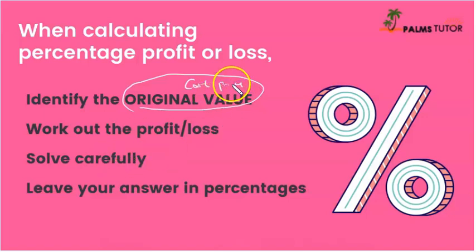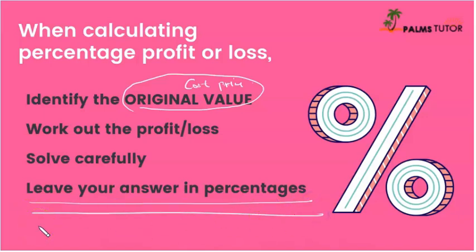Now, work out the profit or the loss like we have done. Are you calculating percentage profit or loss? Calculate your profit or loss. Then you solve carefully. This is the most important part. Leave your answer in percentages. That's when we would know you are calculating a percentage profit or a loss.